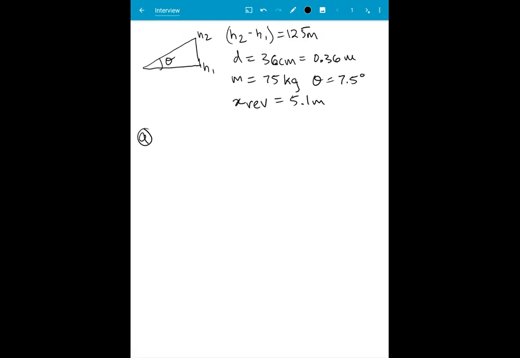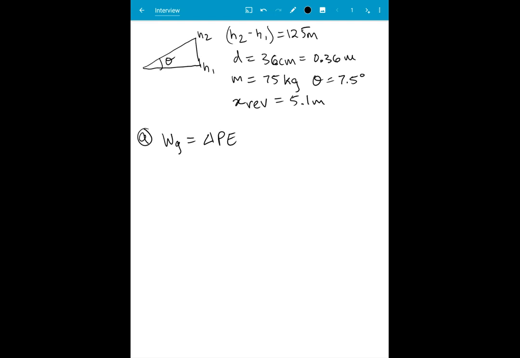We know that part A is looking for the work done against gravity, and I'm going to denote that as W sub G. And we know that the work done against gravity is equal to the change in potential energy, which I'm going to mark as delta PE.